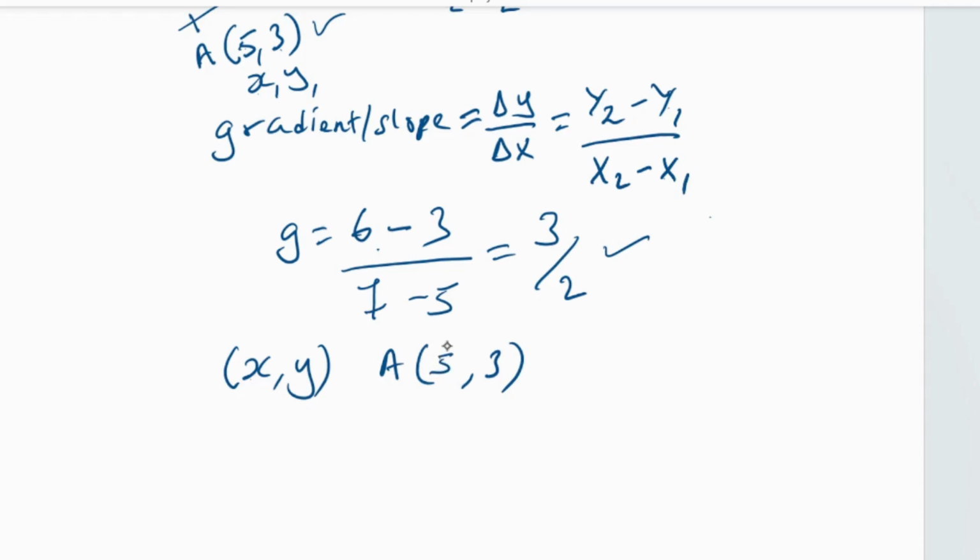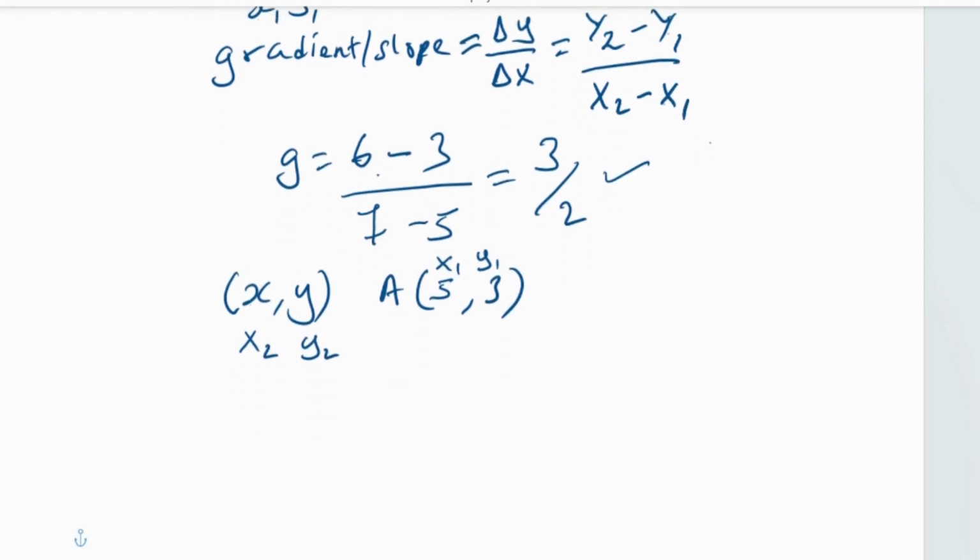Now you make point A x1, y1, and this one will be x2, y2. Remember how we found the gradient? We will use the same formula here. So the gradient is given by change in y over change in x, which is equal to g.